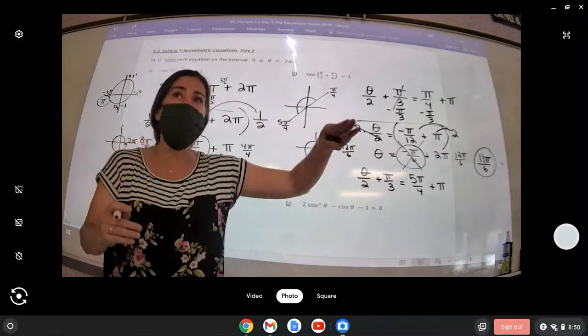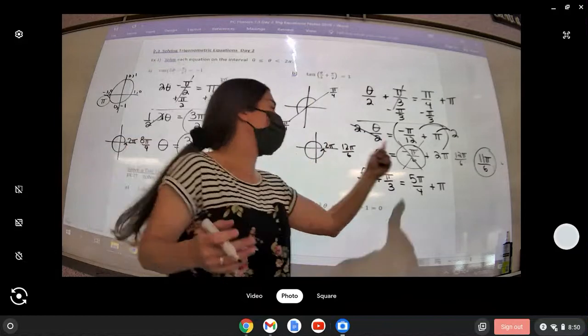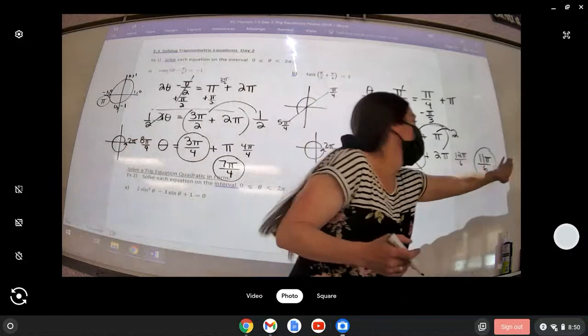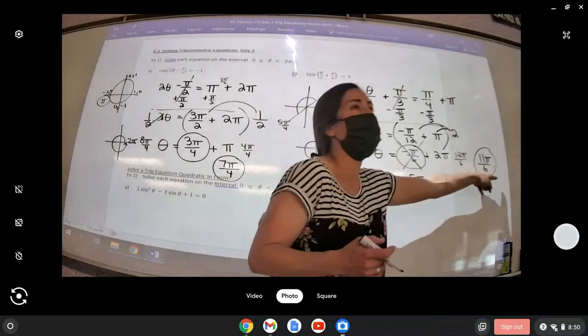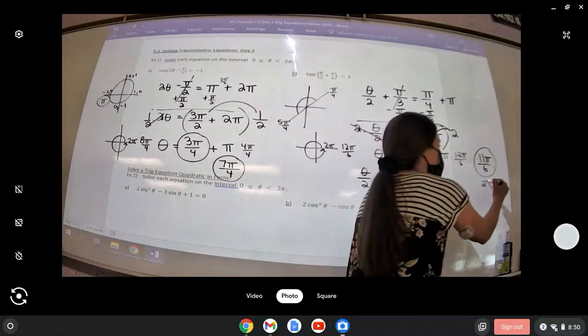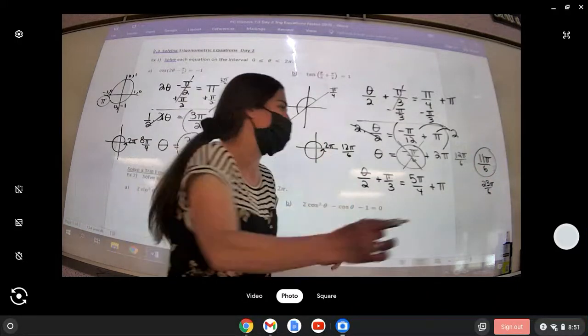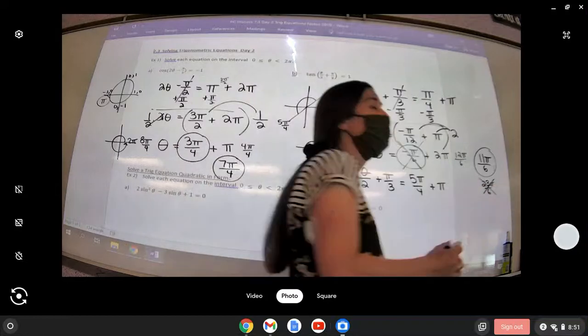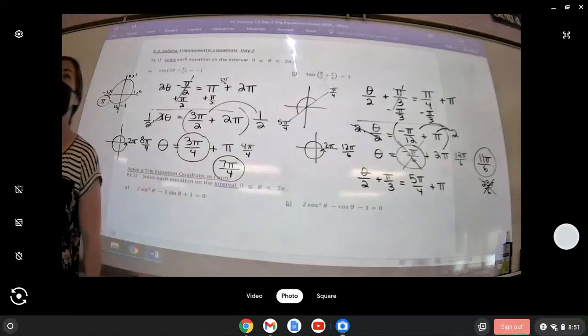So as long as you stay under 12 pi's over 6 and bigger than 0, you got winners. So the first one's out, but this one's in. But guys, if you added another period onto it and another 12 pi's over 6, aren't you sitting at 23 pi's over 6? That's way past 12 pi's over 6. So it's not an answer. So the only answer to this equation is 11 pi's over 6.